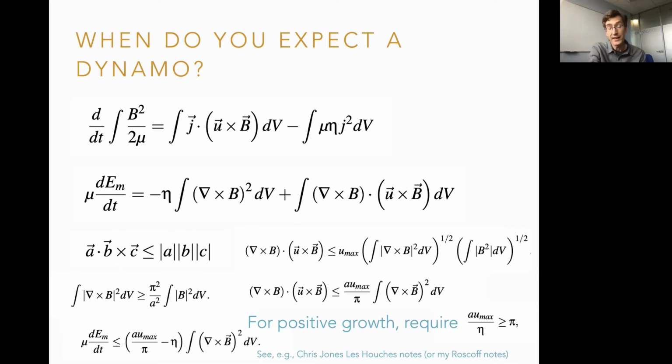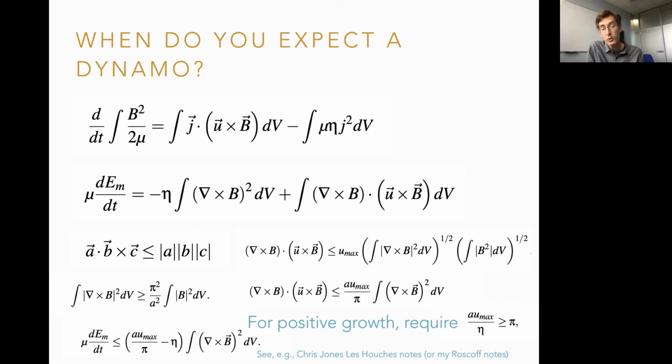So you can rewrite that in the way I've done it in the second line. And then recognize a couple of truths. You can always write that A dot B cross C is less than the product of the norms of A, B, and C. So we could write this product, del cross B dot U cross B, that has to be less than or equal to this thing over here.